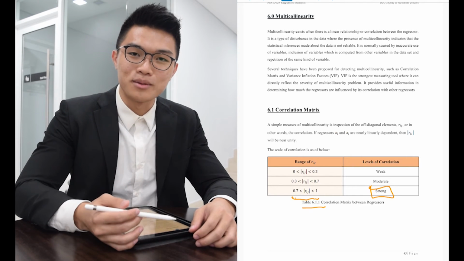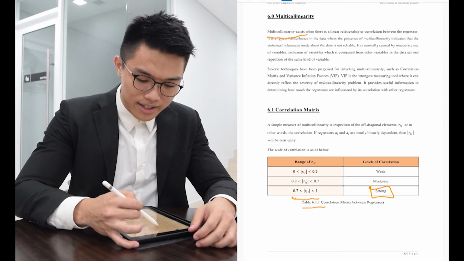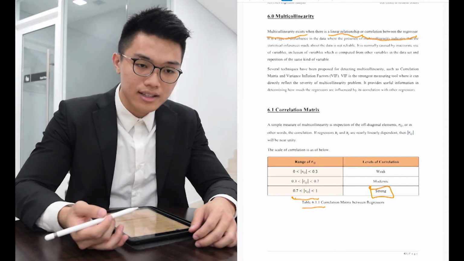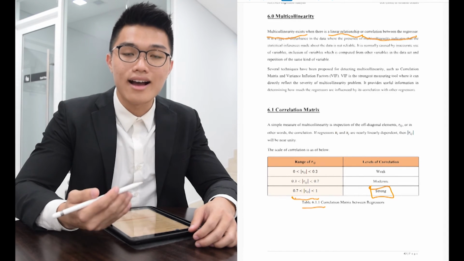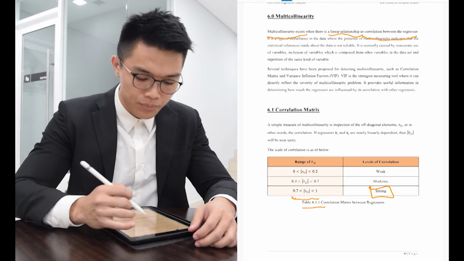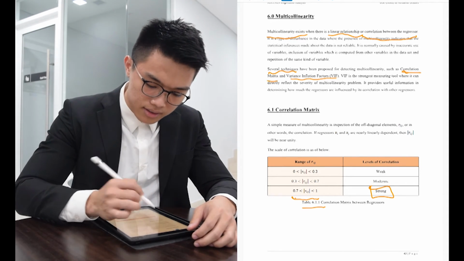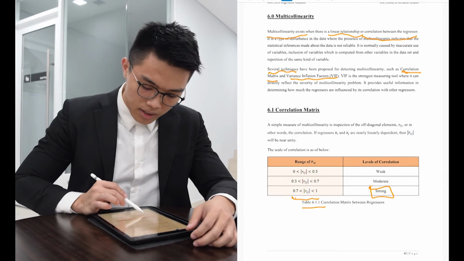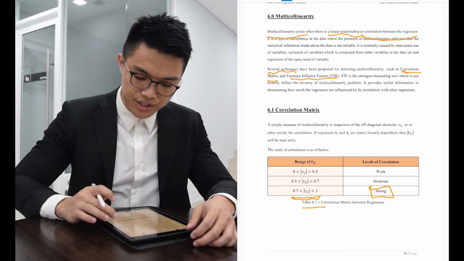Now I'm going to talk about multicollinearity. Multicollinearity exists when there is a linear relationship or correlation between the regressors. To identify which regressor has a higher correlation with other regressors, we have several techniques, which are the correlation matrix and the VIF method. From the correlation matrix, we can see that between 0.7 and 1, there's a strong level of correlation.